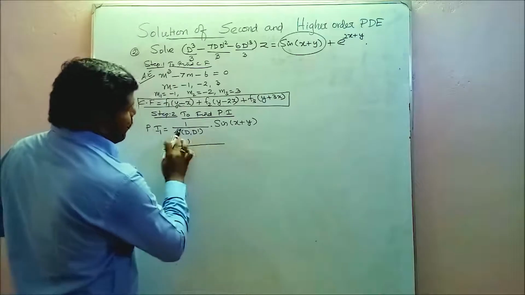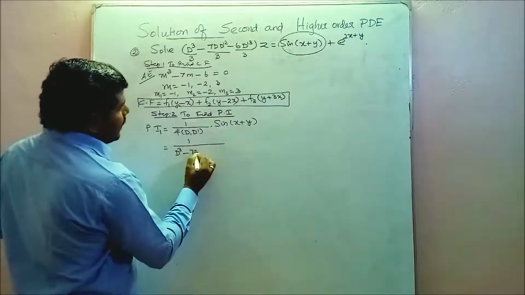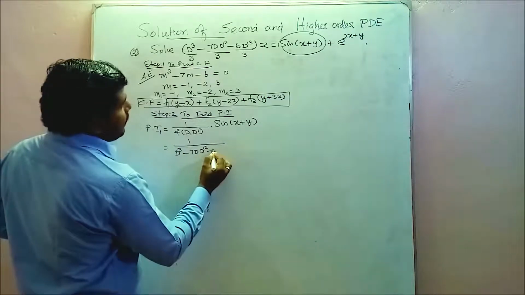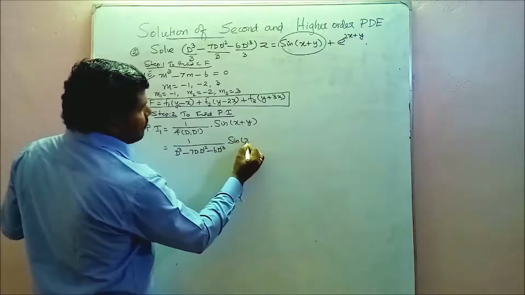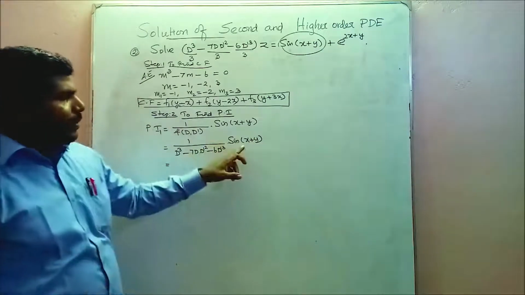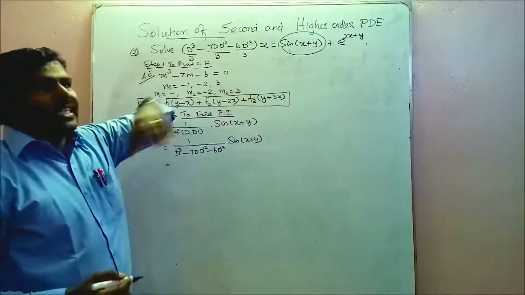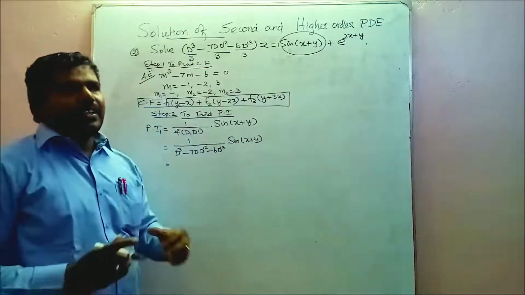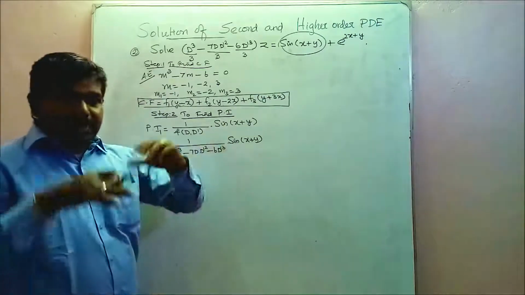So 1 by f of d comma d dash அப்படிங்கிற போது d cube minus 7d d dash square minus 6d dash cube into sin of x plus y. So in the problem, இது வந்து second type. So we have the sin function. So already I told, so e power comes the right side. So how to find out the particular integral? Sin or cos comes individually.